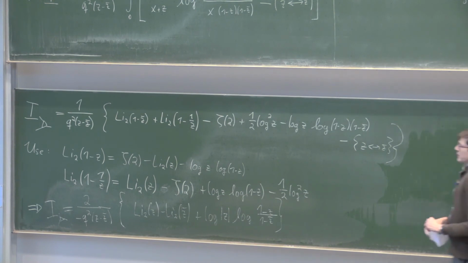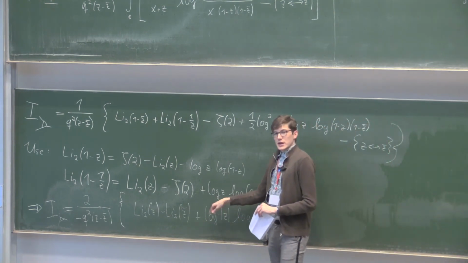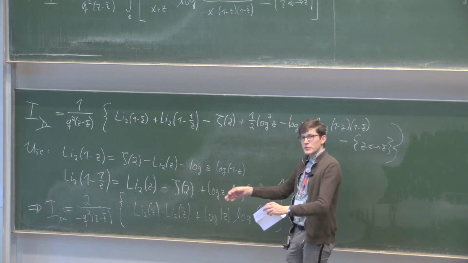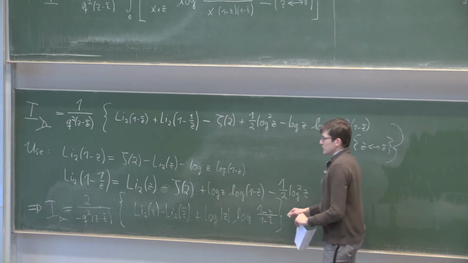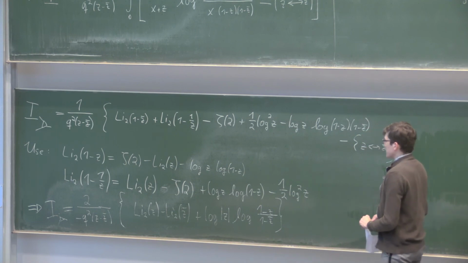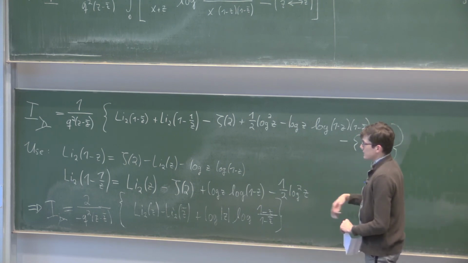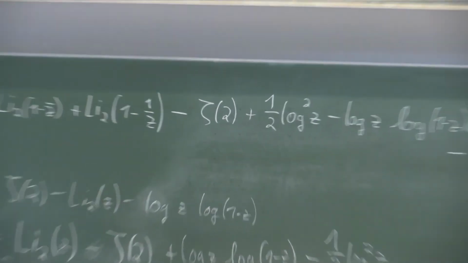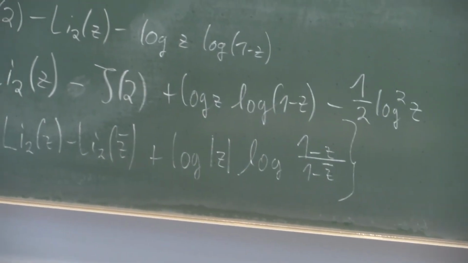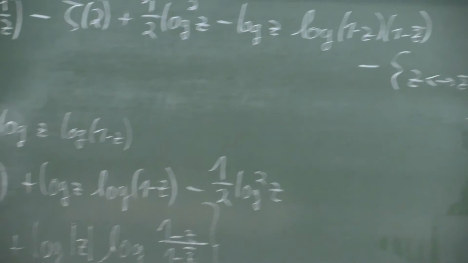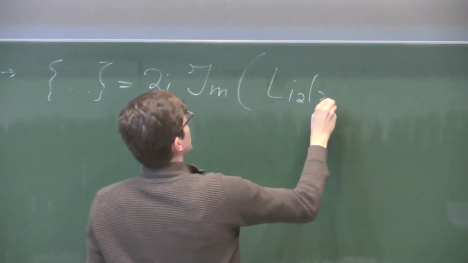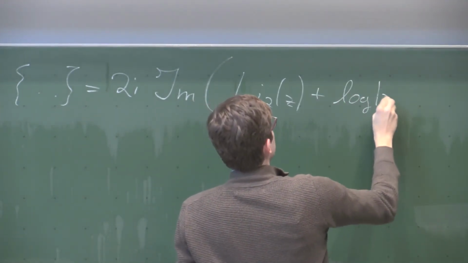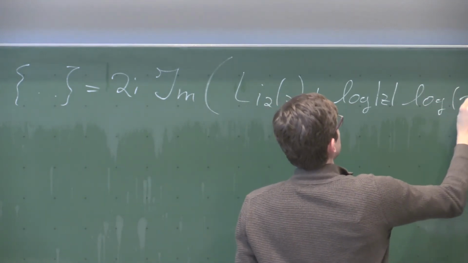You realize that if you assume z bar is the complex conjugate of z, then this is a kind of imaginary part, right? Because you have the expression and then minus the thing where z is replaced with z bar, so minus its conjugate. So it turns out this is actually the Euclidean sheet. If z bar is the complex conjugate of z, then in this case you can think of the term in braces as 2i times the imaginary part of Li2 of z plus log of absolute value z log of 1 minus z.